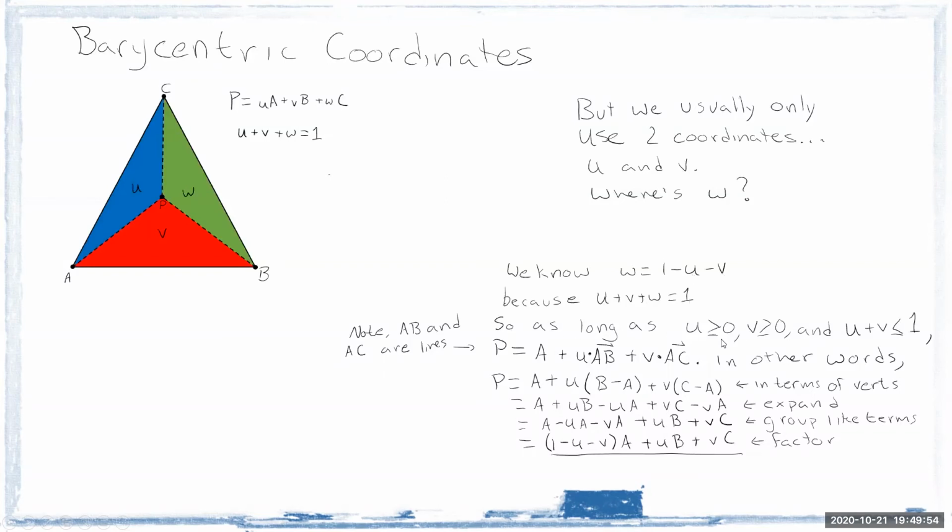As long as U is more than or equal to 0 and V is more than or equal to 0, which it will be, because if the point isn't within this triangle, it'll be discarded before it's actually sent to the pixel shader. So we can make sure that everything that's sent to the pixel shader is more than or equal to 0 in the U and V.